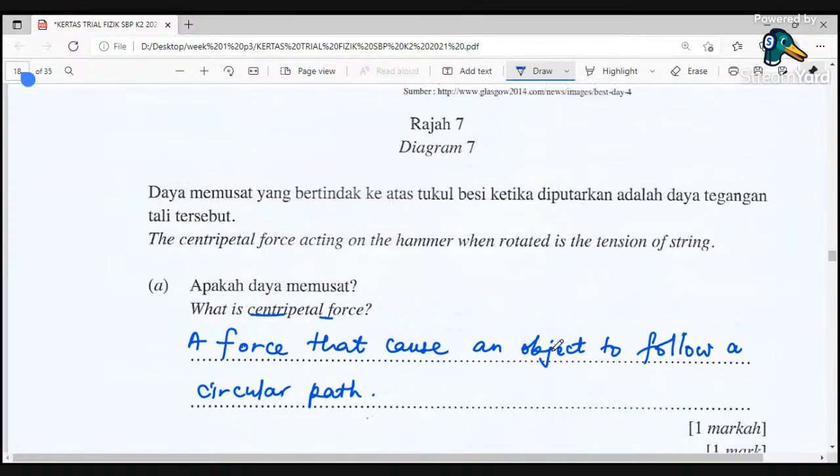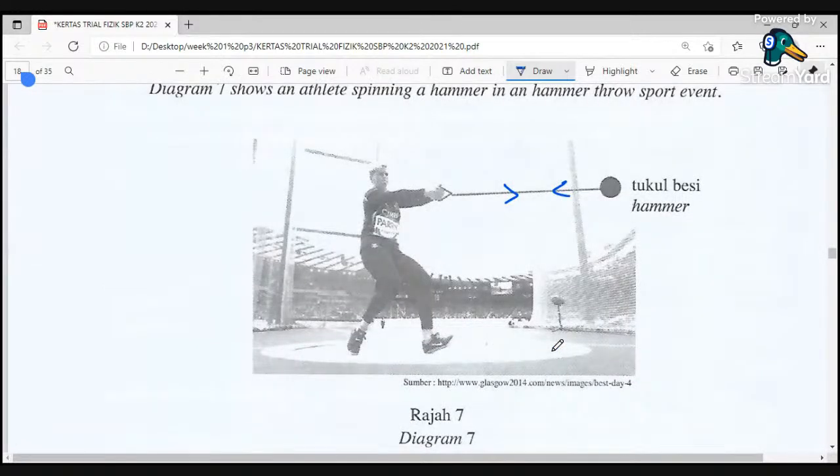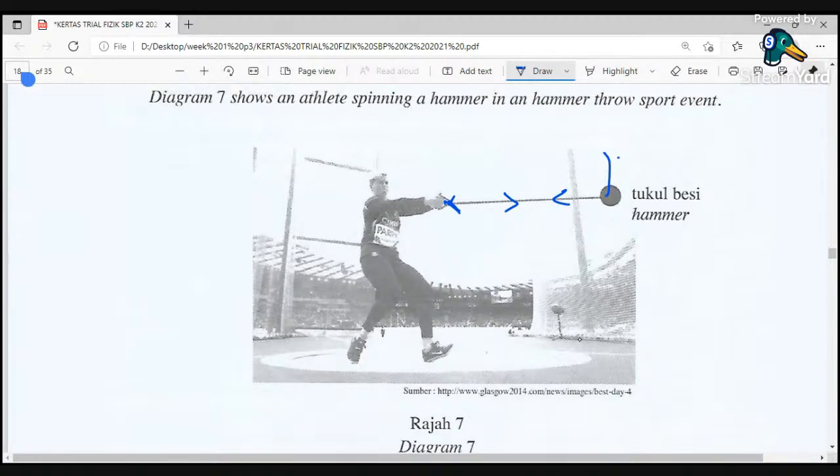Okay, so in this case, this is the center of curvature. So it will move in a circle.